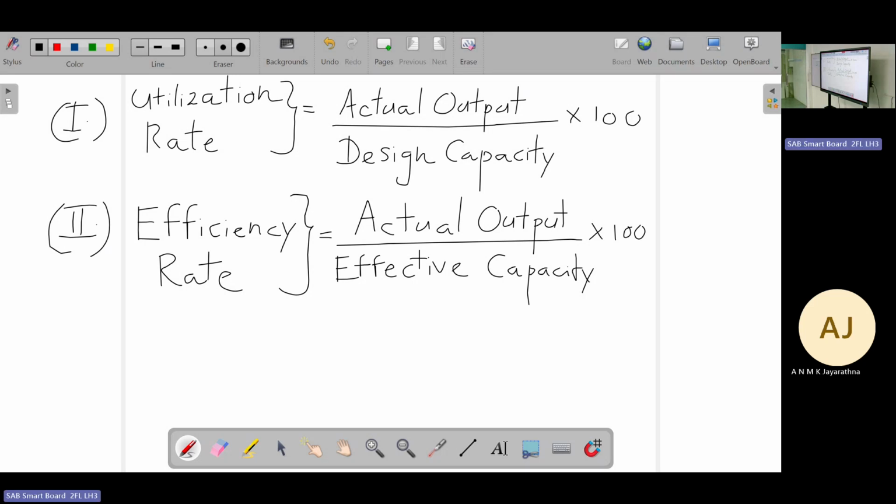Requirement. This one. Identify the effective capacity per day of ABC company.